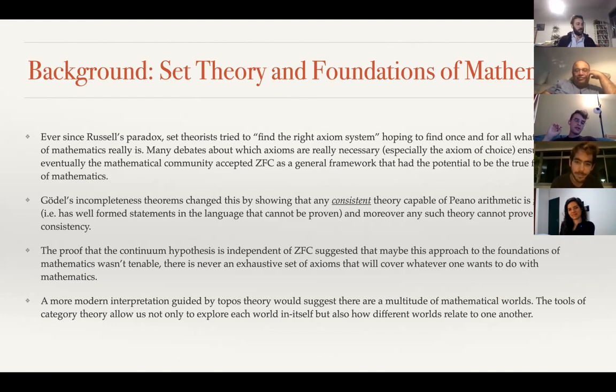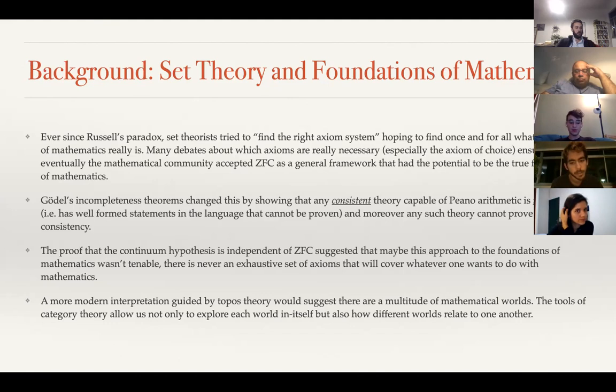But it showed, right, the independence of the continuum hypothesis, which I really want to emphasize, was a very important theorem. It was one of the Hilbert problems from the early 20th century that he posed as one of the greatest mathematical problems if you could solve it.